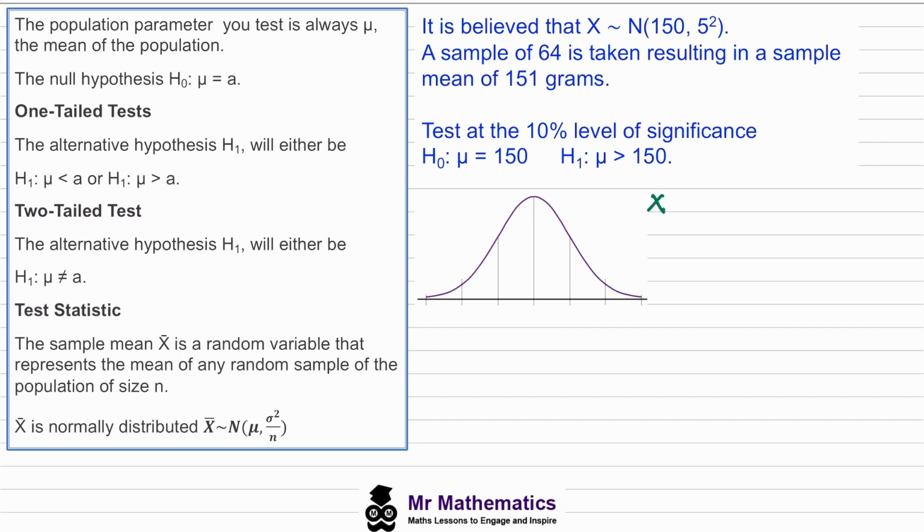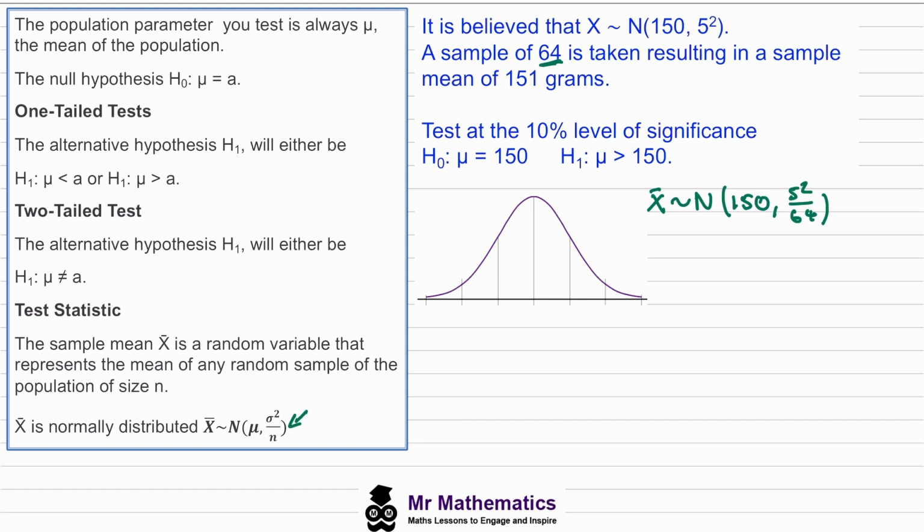We're saying that x bar, the sample mean, is distributed normally with a value of mu given as 150 and a variance of the standard deviation squared over the sample size, using this formula here. And the sample size is 64.